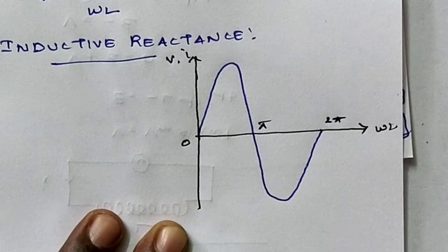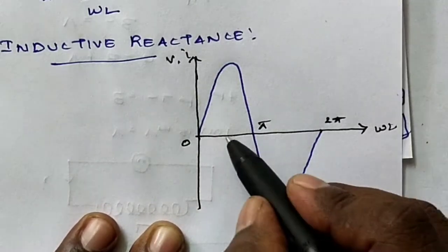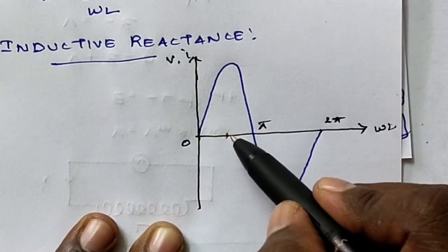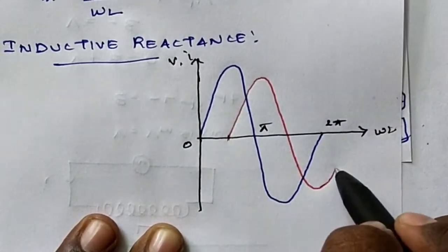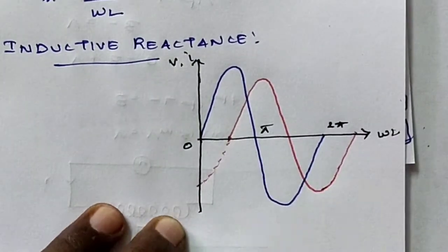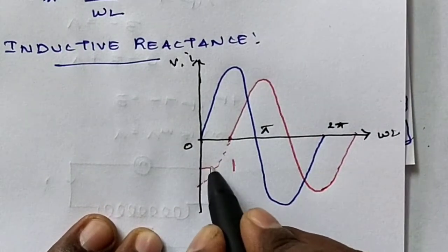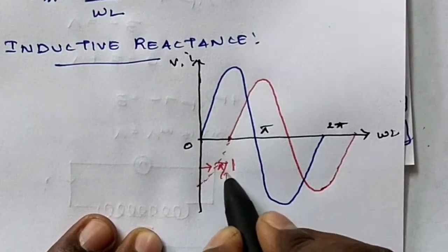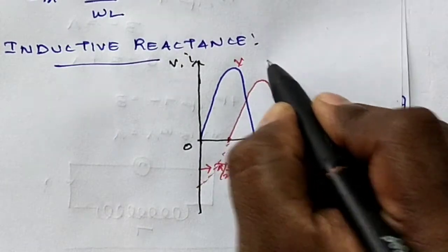The current lags behind the voltage by 90 degrees. The current starts at a 90 degree offset and reaches its peak at pi by 2, so it lags behind the voltage by 90 degrees.